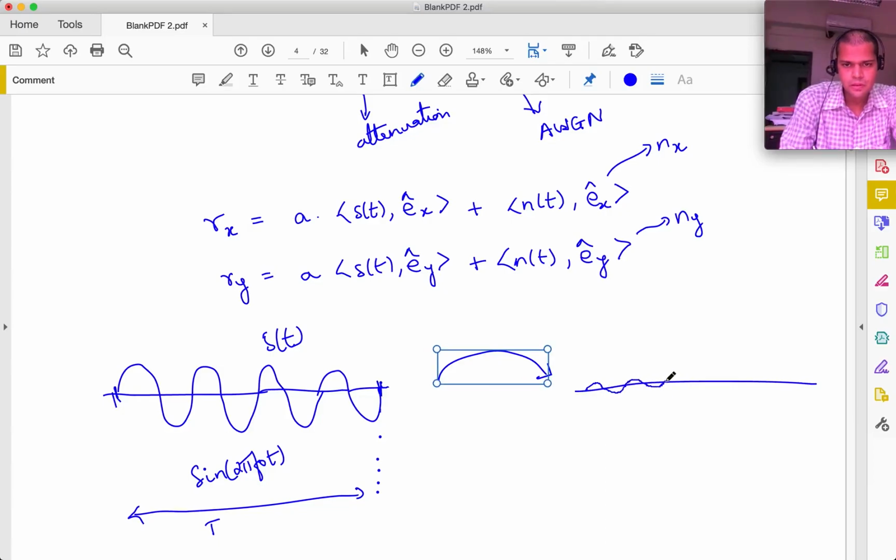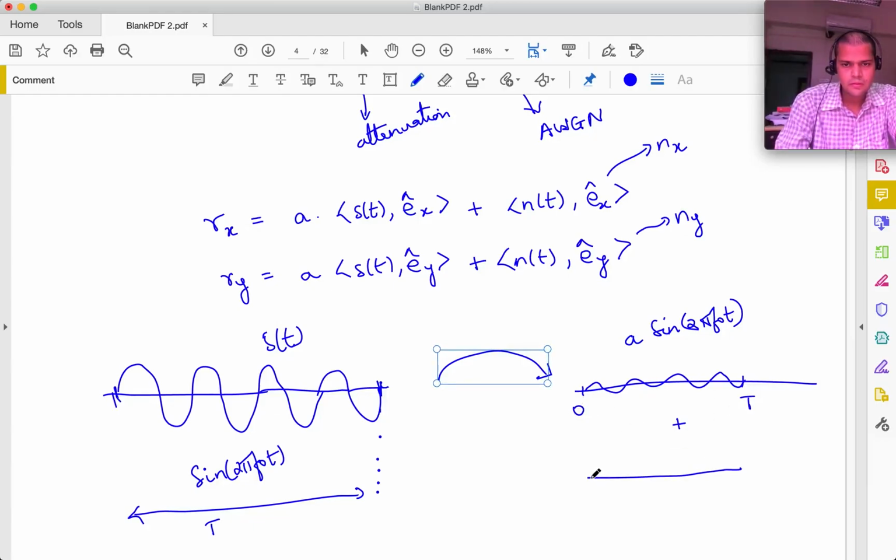So it's an attenuated version, plus there is some noise getting added. This noise is totally unpredictable.